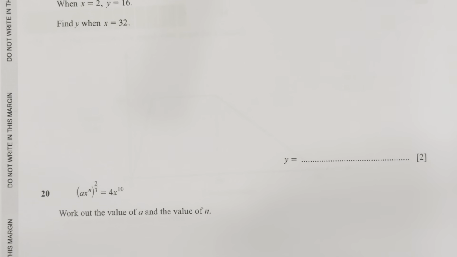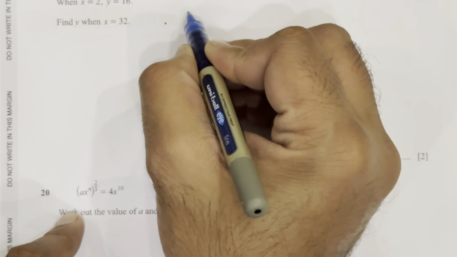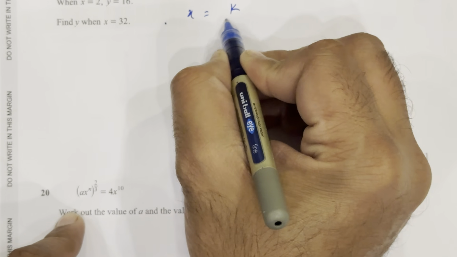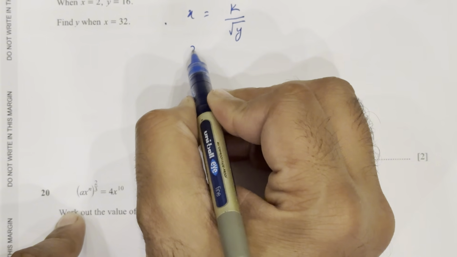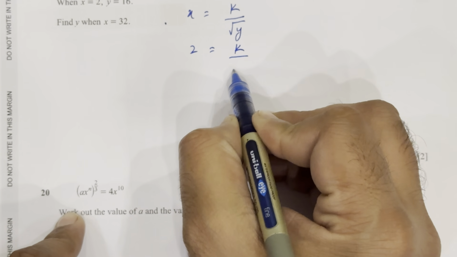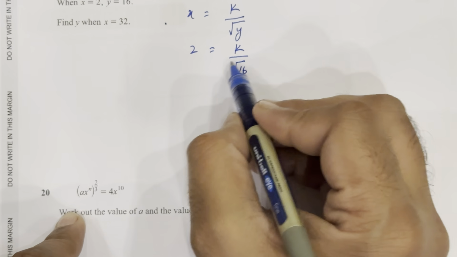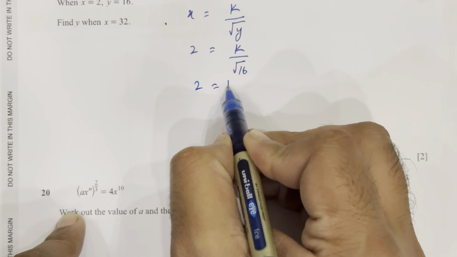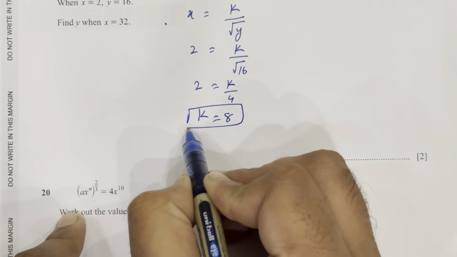Moving to question number 19, that is from the topic of variation. x is inversely proportional to the square root of y. It means that x is equal to k over root y, and the value of x is 2 and the value of y is 16. You know that the square root of 16 is equal to 4, so you get the value of k, that is equal to 8.